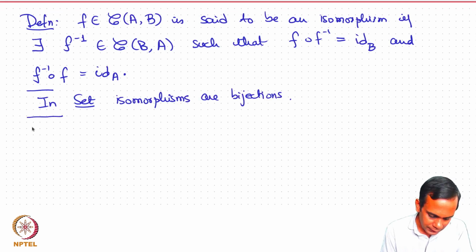Now here's an easy result, theorem. Every isomorphism in any category is monic and epic.